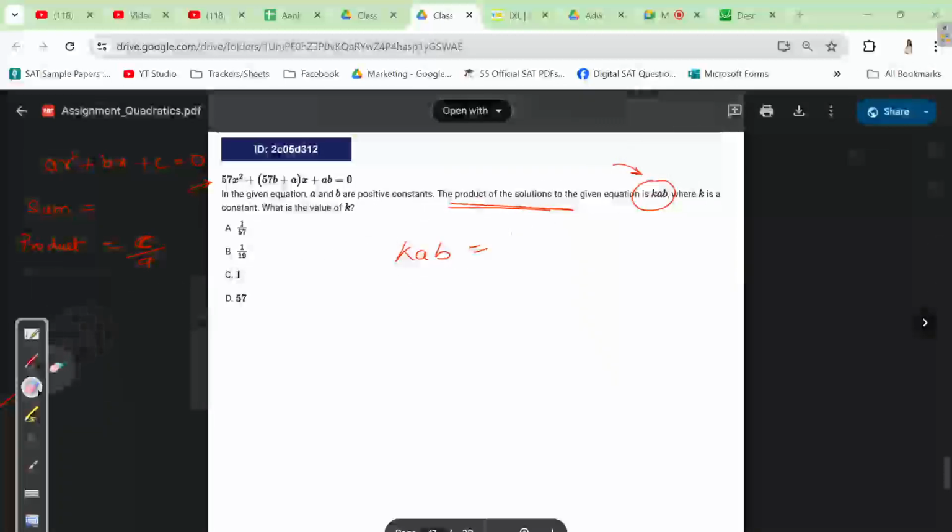It is gonna be ab over 57, you're right. ab over 57. And then can you find out the value of k? Okay, yeah. It's gonna be 1 over 57. Yes, exactly. So option A is correct.